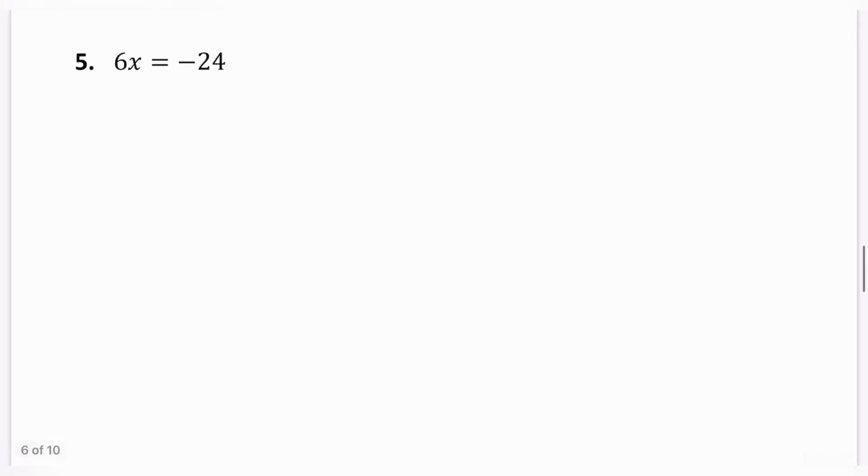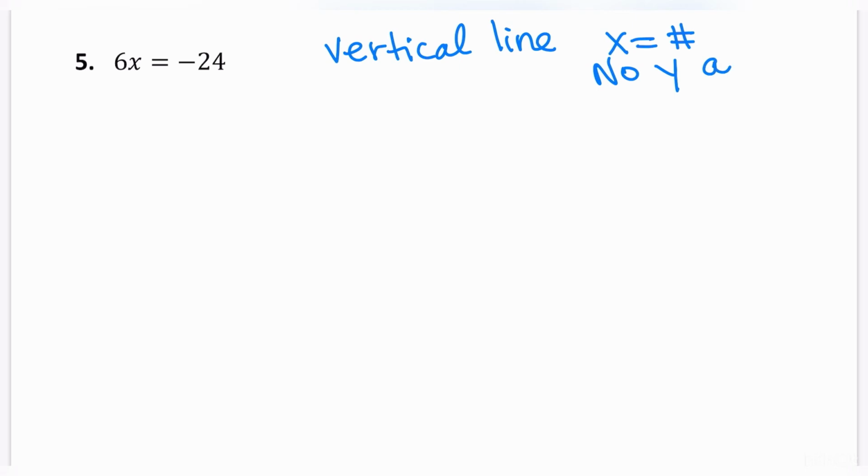Question number 5 is actually really interesting because there's no y at all in this problem. There's just an x. This tells me that this is the equation of a vertical line. Because a vertical line has an equation x equals some number, there is no y at all in the equation.